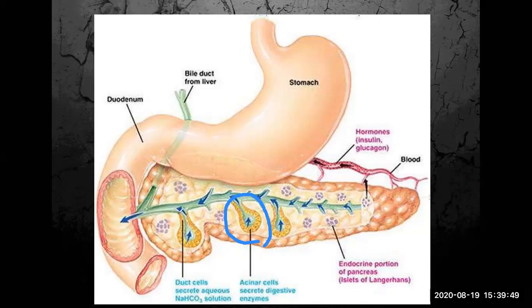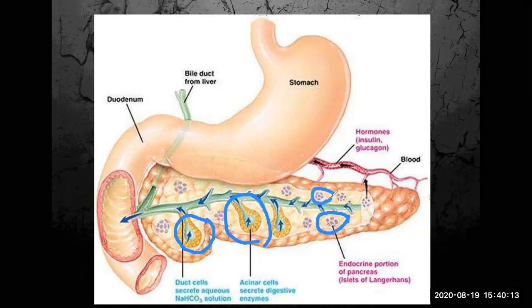We know from the digestive system that pancreatic juice releases bicarbonate ions to neutralize the acid that comes from the stomach along with food. So these are all exocrine parts, and these other parts are called islets of Langerhans, which is the endocrine part of the pancreas.